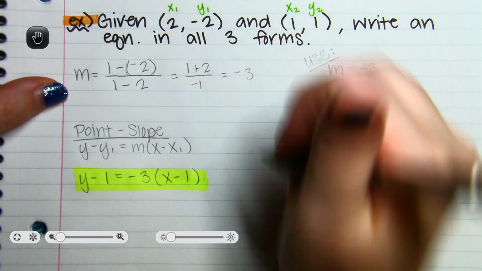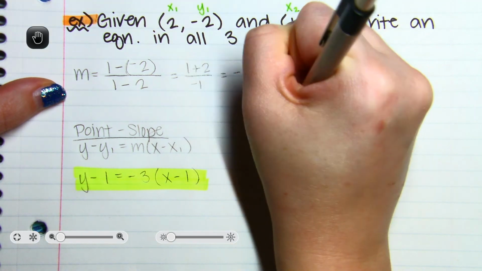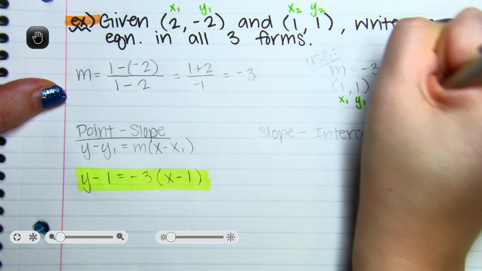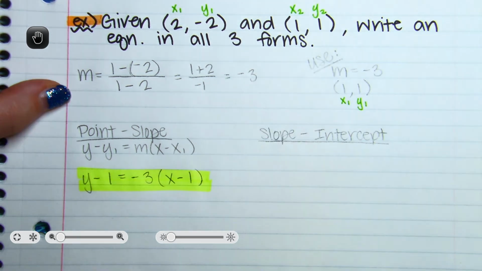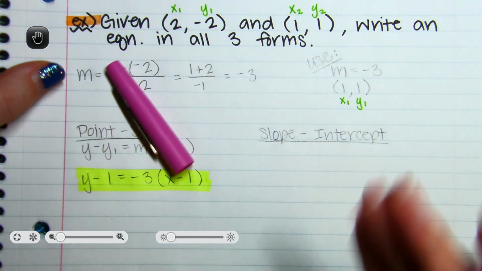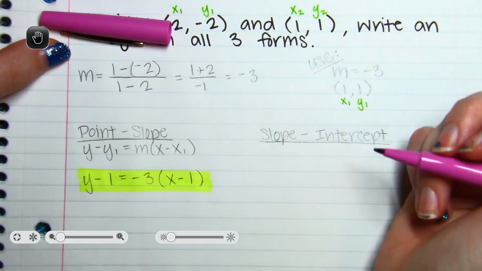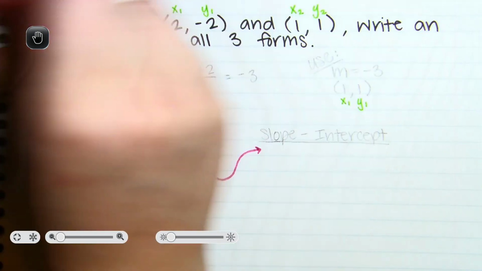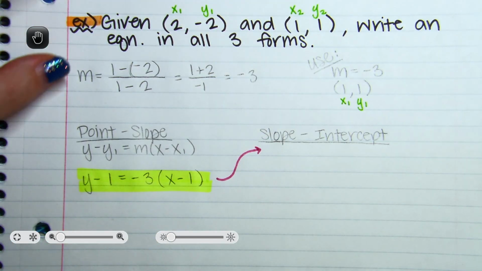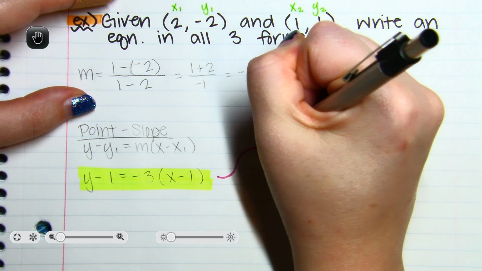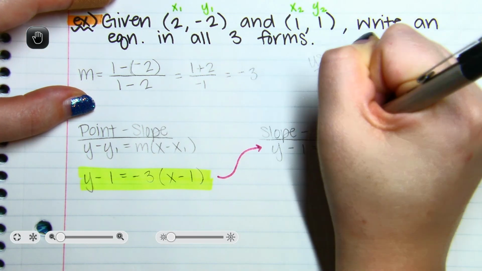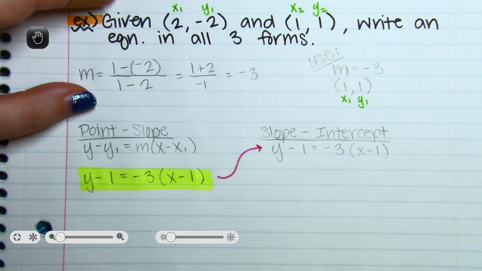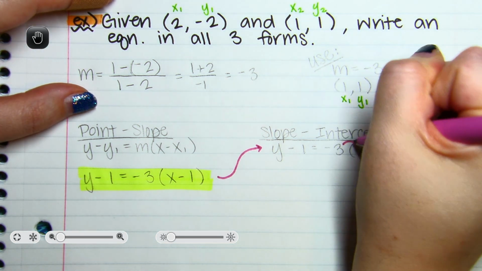Now I'm going to move over into slope-intercept form. I'm just going to rewrite this. Y minus 1 equals negative 3, x minus 1. And I need to distribute this negative 3.